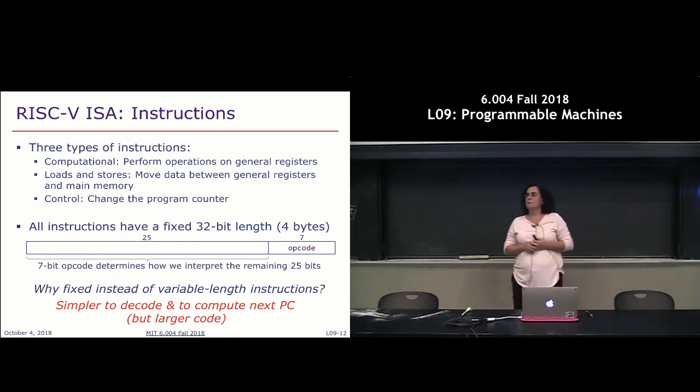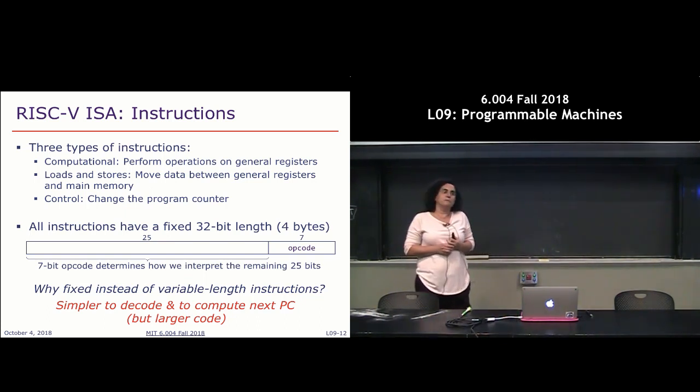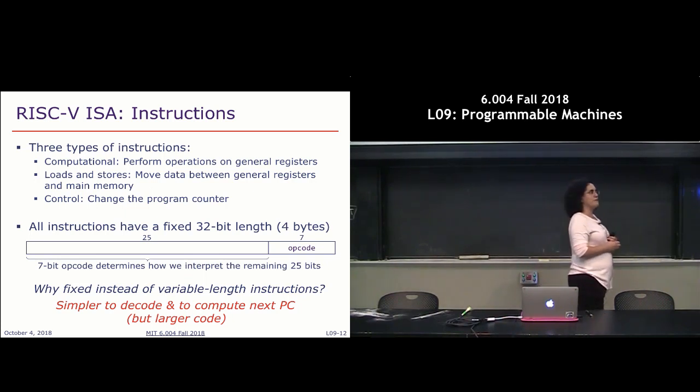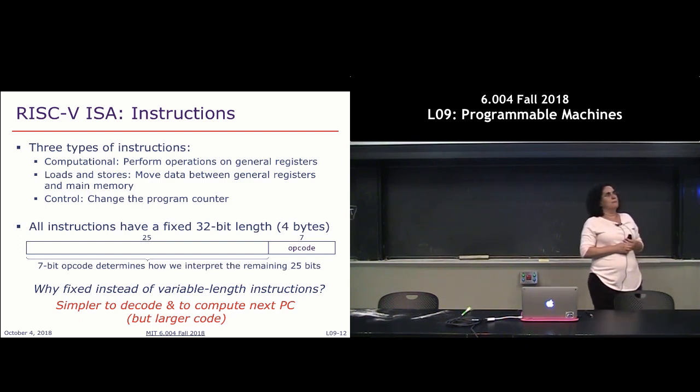So who can tell me why I might want to consider having variable length instructions, meaning that they're not always 32 bits, rather than having this fixed 32 bits? Any ideas? Yes? I wouldn't know where your operation ends when you decode it with variable length. Well, that's a reason why I wouldn't, but what's an advantage actually of having a variable length?